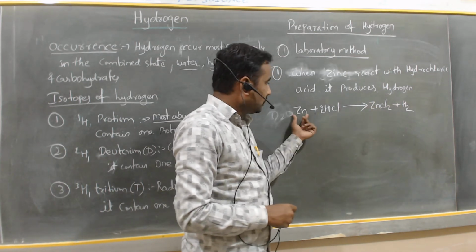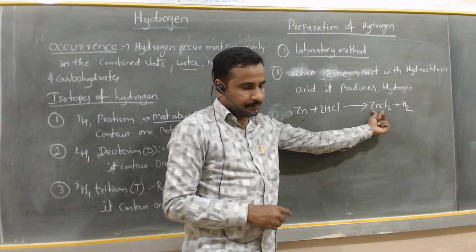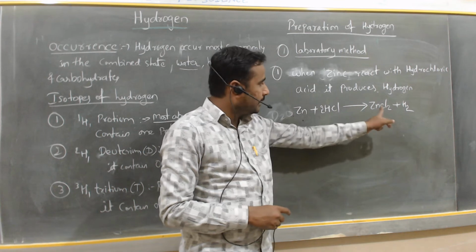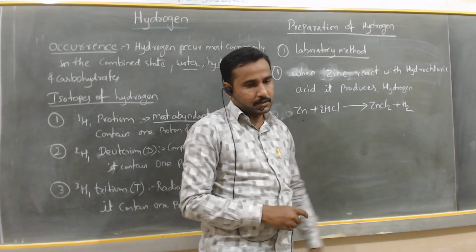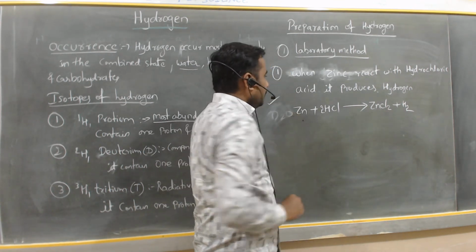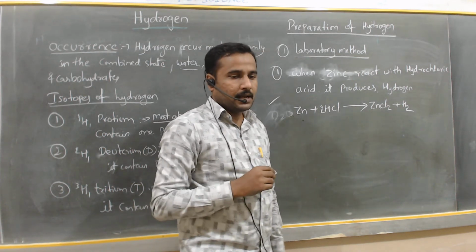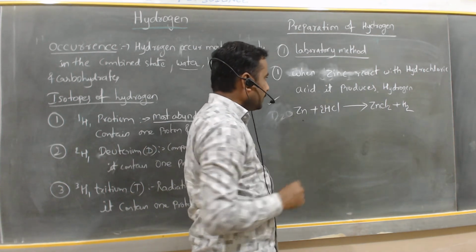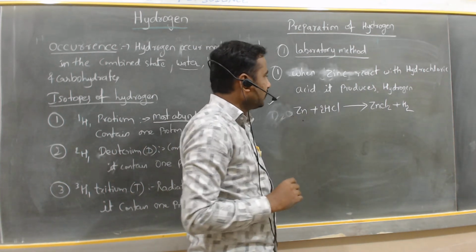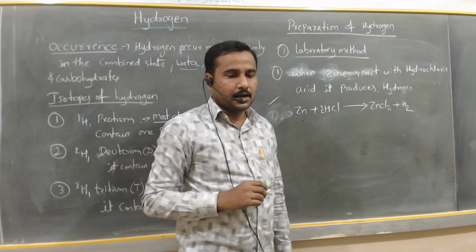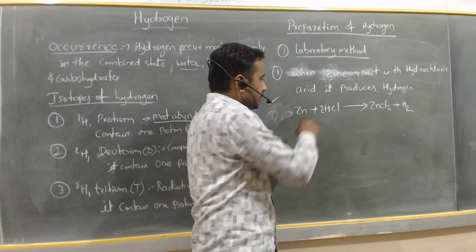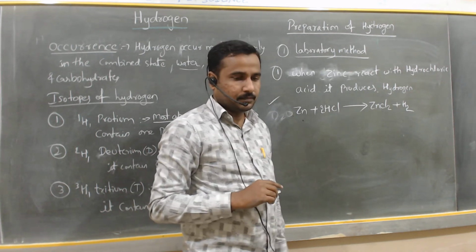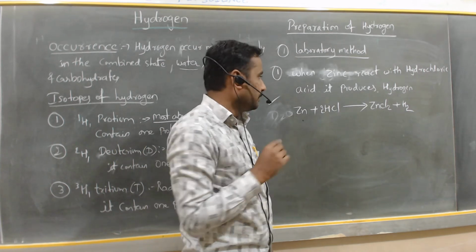Only one Zn is there, so I use one Zn. 2HCl means 2 hydrogen and 2 chlorine, and I have written 2 chlorine and 2 hydrogen. This is the way of balancing reactions. So in the laboratory method, when zinc reacts with hydrochloric acid, it produces hydrogen. The reaction is Zn plus 2HCl gives ZnCl2 plus H2. This is the first method.